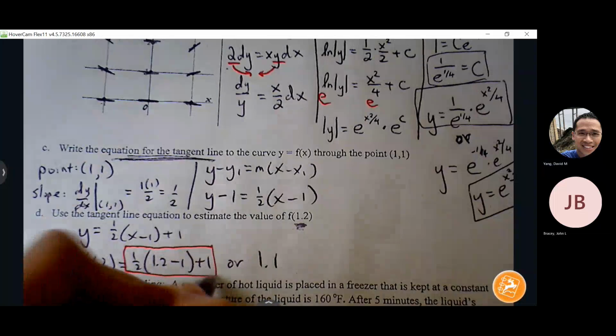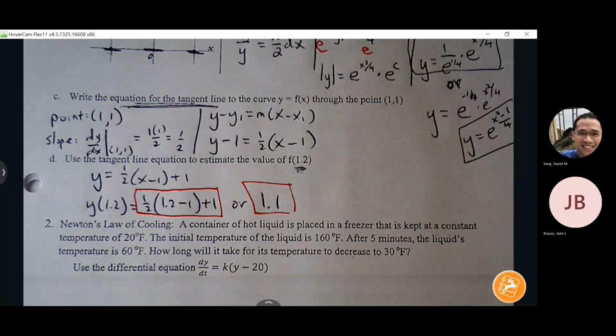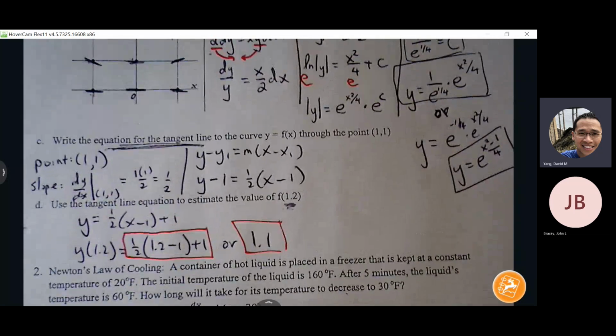You can leave it unsimplified, or you can use your calculator and get it down to a decimal value. Okay, any questions? Number one.